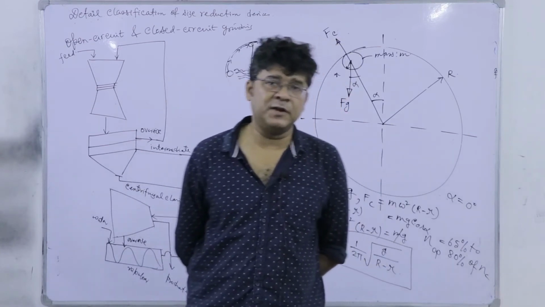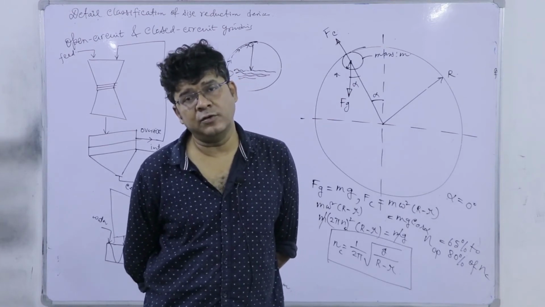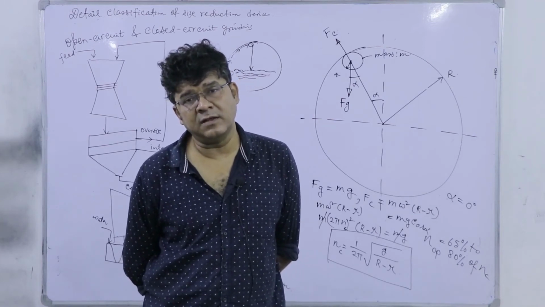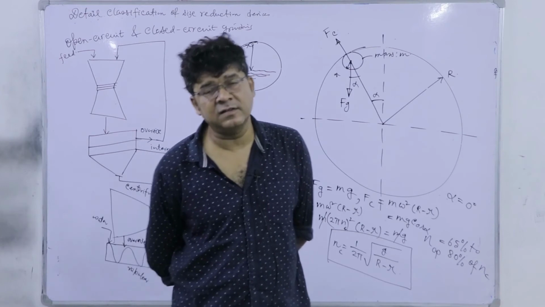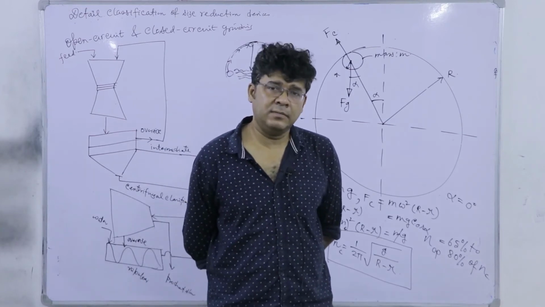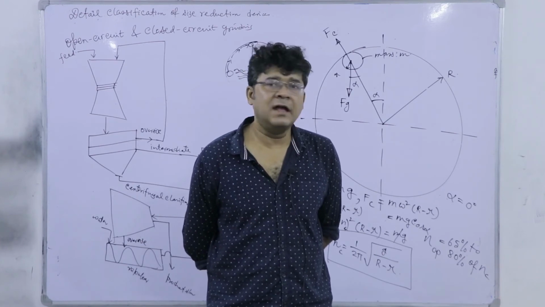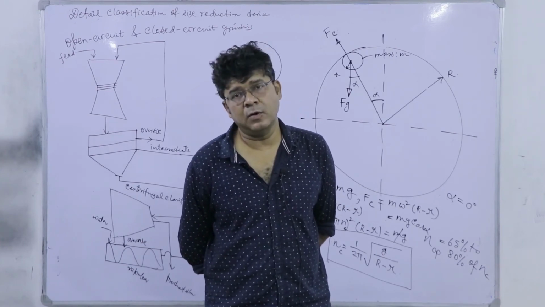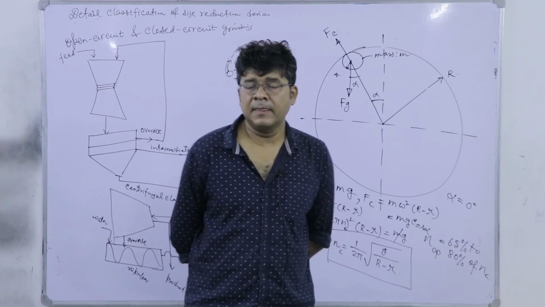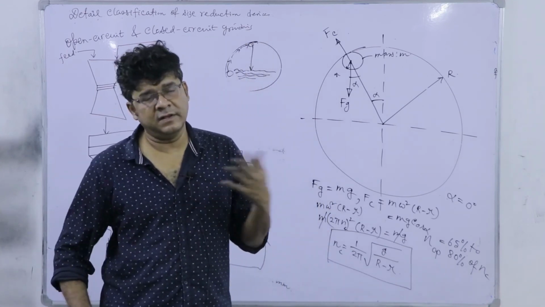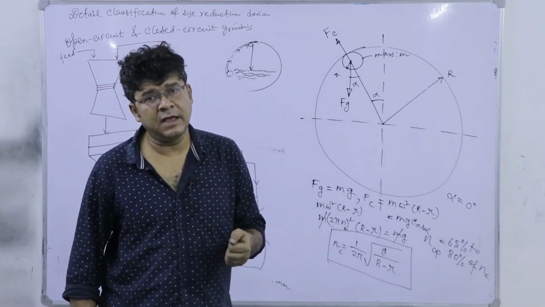The critical speed expression is 1 by 2 pi under root of g divided by (R minus r), where capital R is the radius of the mill and small r is the feed size. And finally, we have discussed open circuit and closed circuit grinding. So in the next class, we will discuss sedimentation and thickener design.